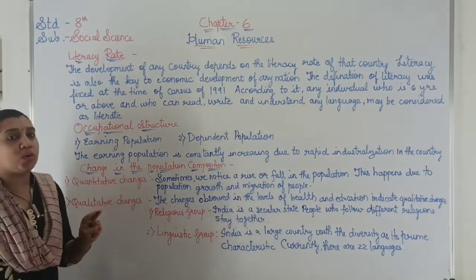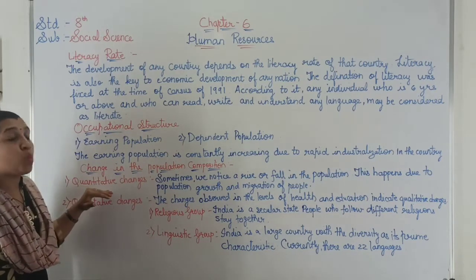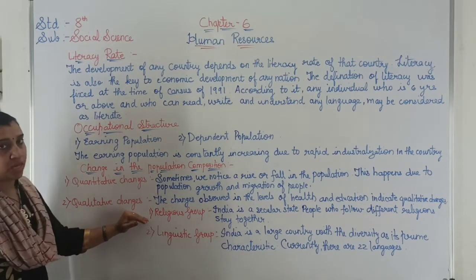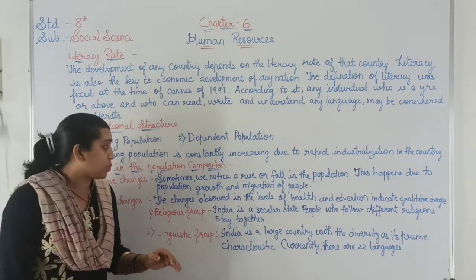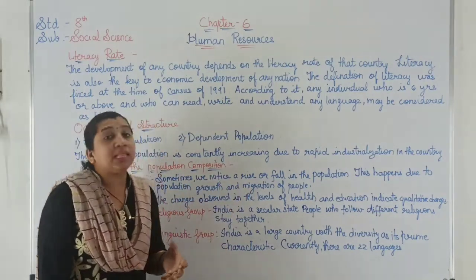There are two types of changes in the population composition. First, quantitative changes, and second, qualitative changes. Many a time we have observed a rise or fall in the population.